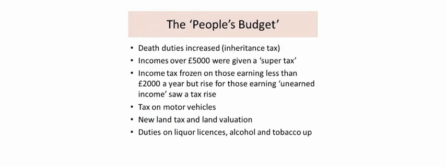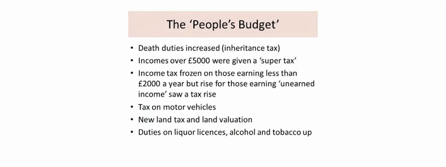Because if you lose 20%, 30% of that to inheritance tax, very quickly, over a couple of generations, your family will have nothing left. And incomes over £5,000 were a part of a super tax, bearing in mind that a couple of pounds a year is for some people a salary. So it's not even aiming at the rich, it's aiming at the super rich, the people who owned landed estates. And that's very deliberate.